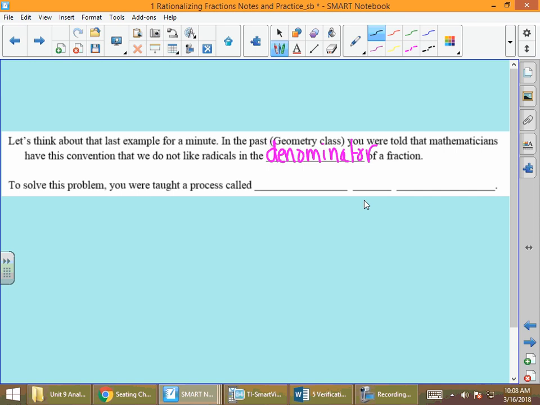And if you look at the title of your notes, what that's called, if we want to get the radical out of the denominator, is rationalizing. The process is called rationalize the denominator.